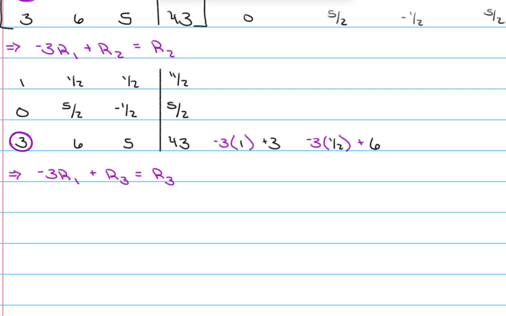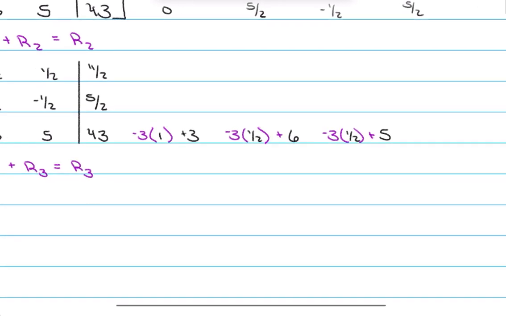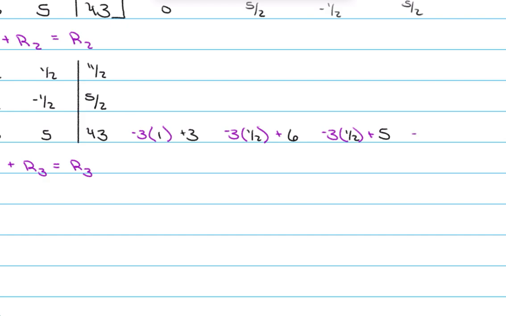Then we're going to have negative 3 times 1/2 again plus 5. And lastly, we are going to have negative 3 times 11 halves plus 43.